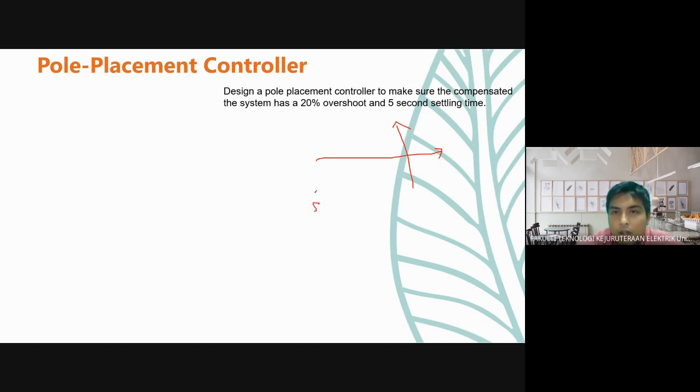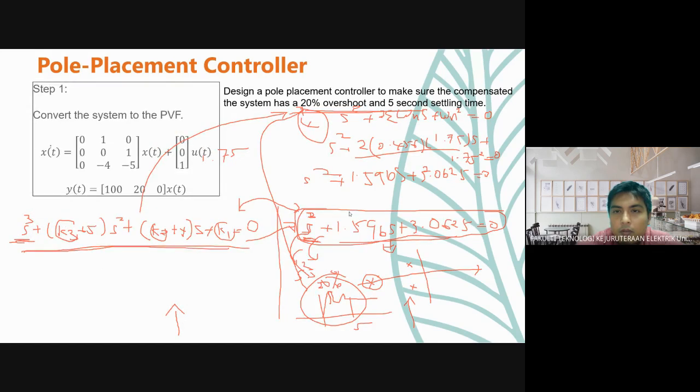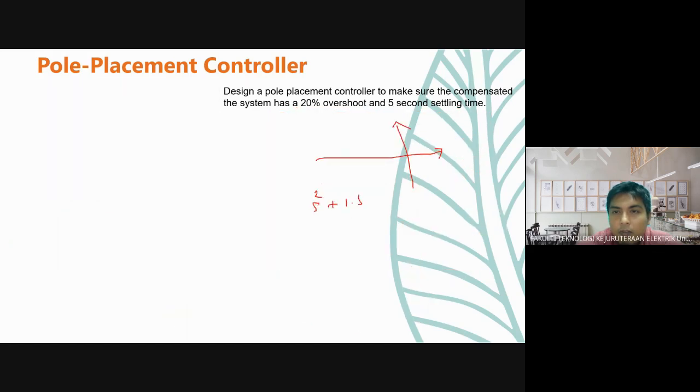This is s square plus 1.569s plus 3.0625 equal to 0. Almost there. If we can finish early, if we can solve the answer quickly, so we can end the class.